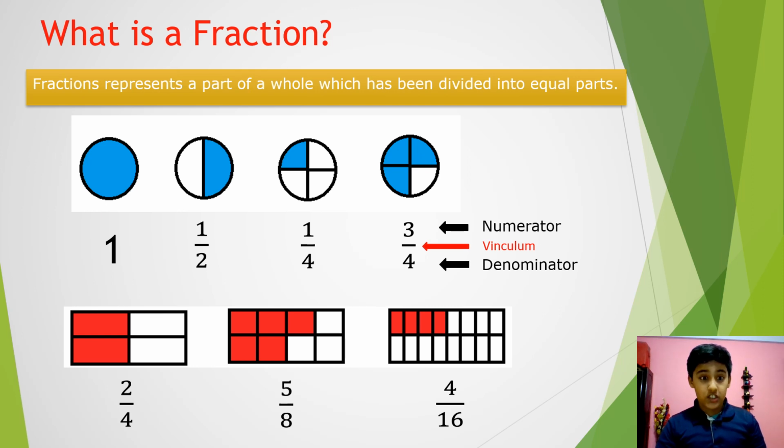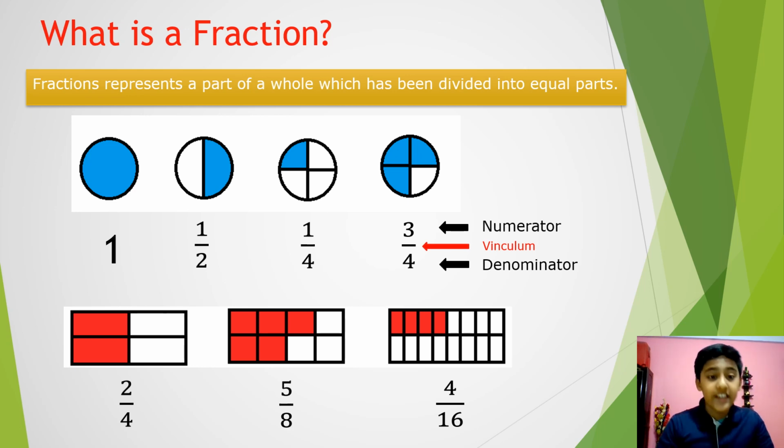What is a fraction? A fraction represents a part of a whole which has been divided into equal parts. As you can see here, there is a whole circle and all of it is filled with blue color. That means it is one whole.